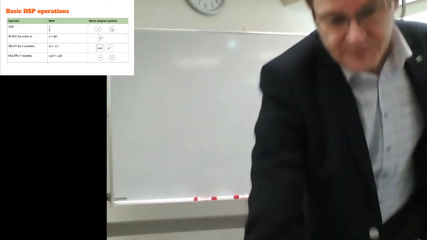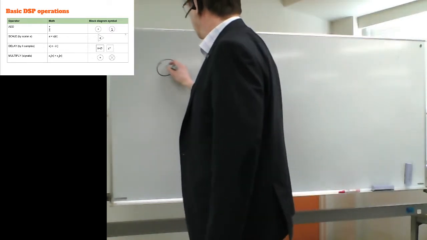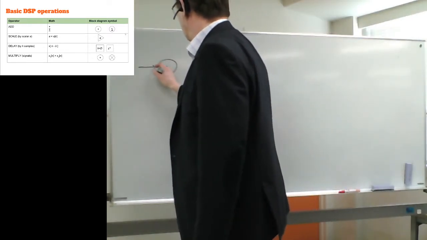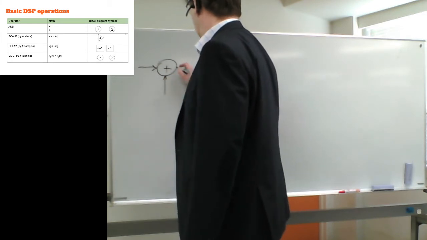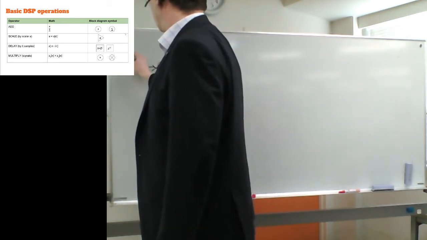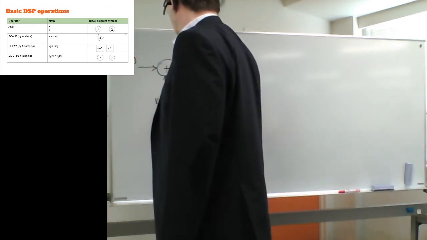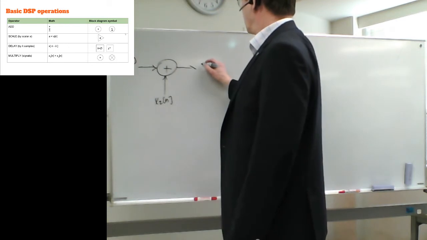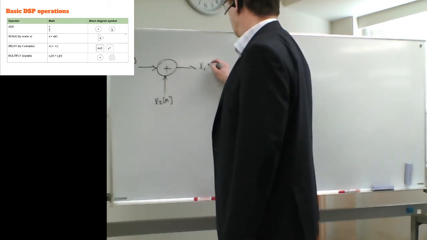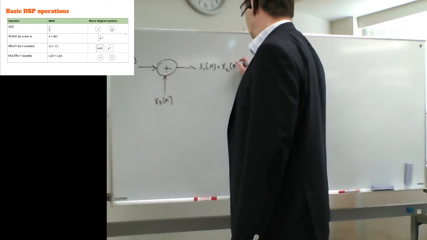Okay, but anyways, addition like this is okay. If you have x1[n] and x2[n], then the output is x1[n] plus x2[n]. See, this is very simple.